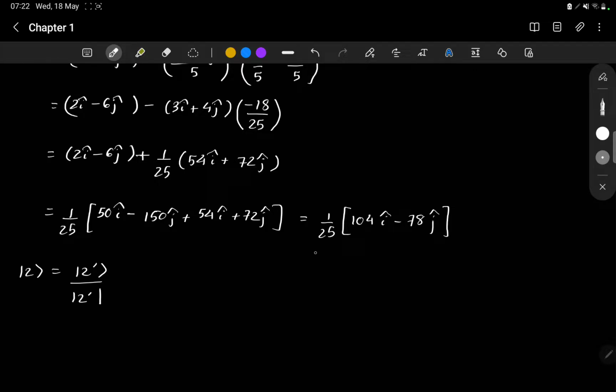So the length of this is going to be nothing but the square root of 104 by 25 whole squared plus 78 over 25 whole squared.